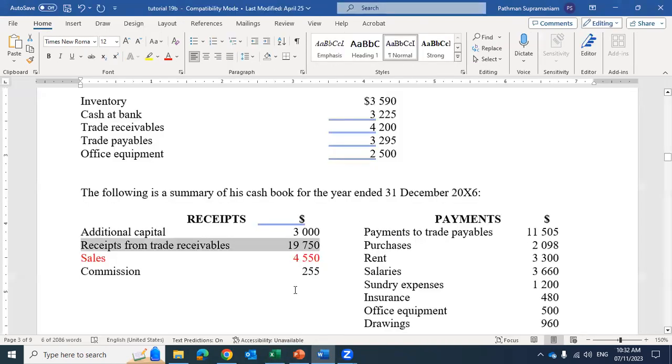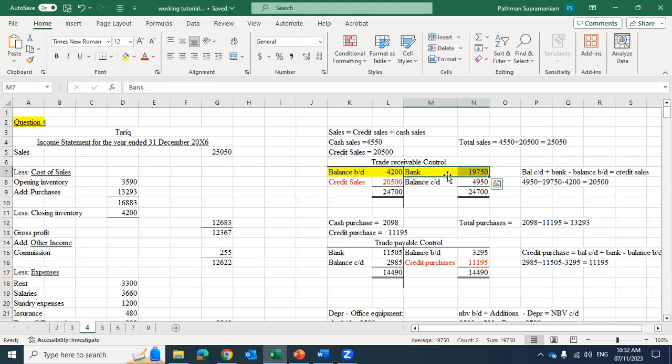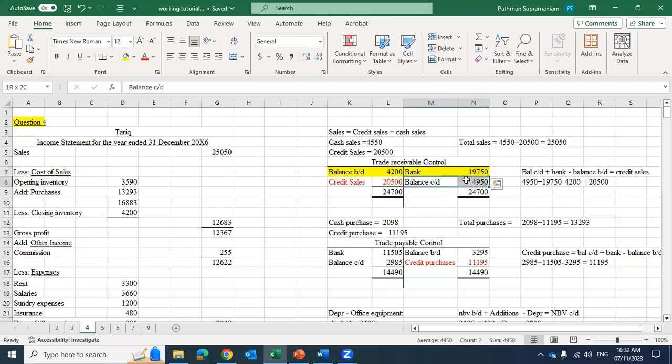Apart from this, we do not have other information like irrecoverable debts, sales returns or discount allowed. But if you have those items, then you should put them on the credit side. Finally, we have the ending balance of trade receivable, which is 4,950, and that goes to the credit side as per your format. Once we have put in these three yellow colored figures, we balance up the account.